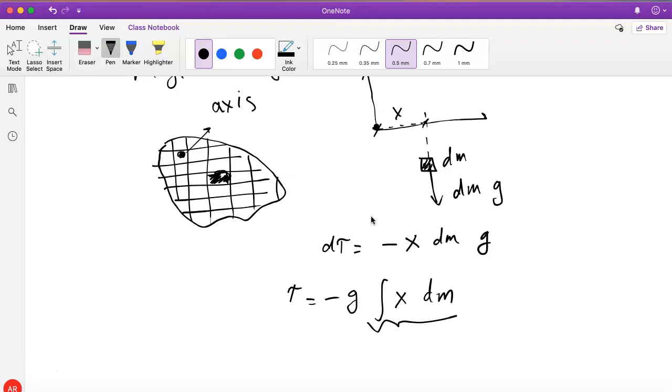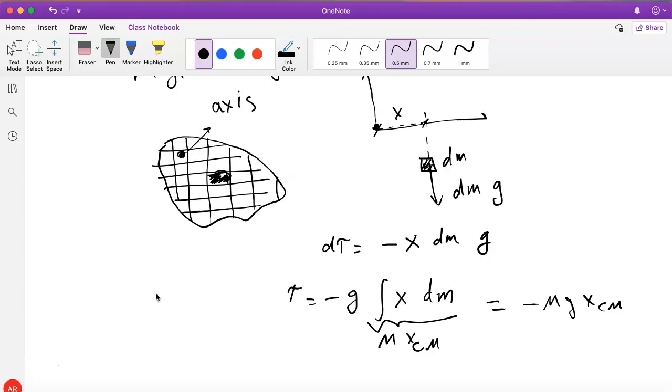It's an integral over the entire object because I'm adding all those little pieces. So that's just the total mass times the x component of where the center of mass is. That gives me minus m g x_cm, which is basically if all the mass was concentrated at the center of mass, the force is downward, so that's the torque it would give me.